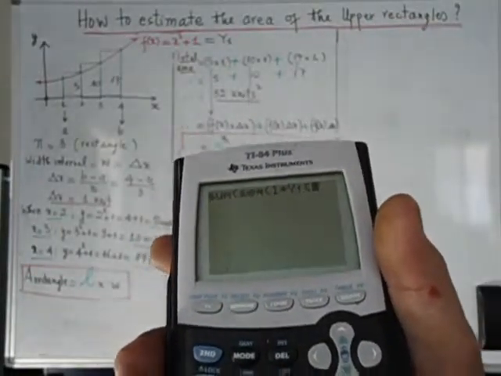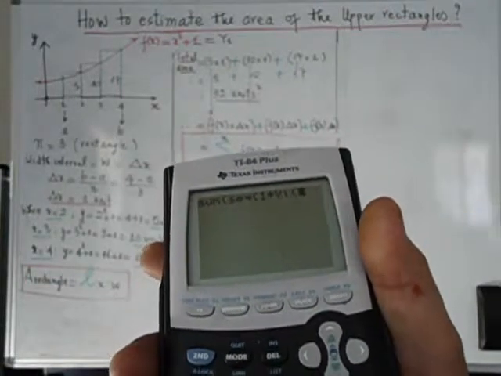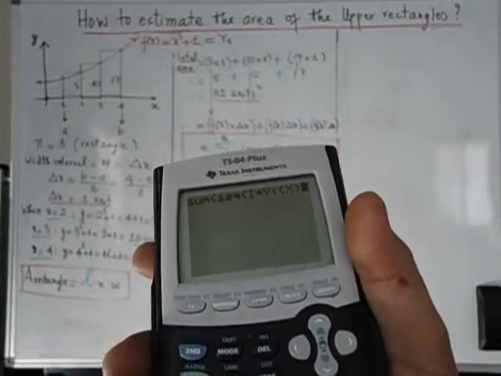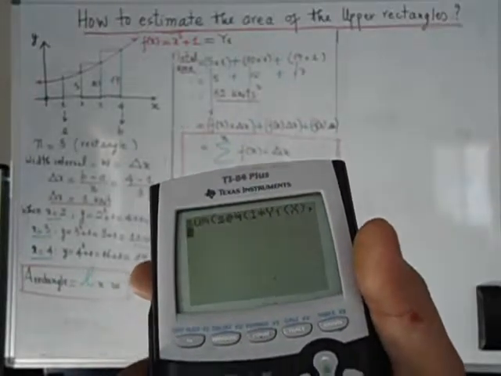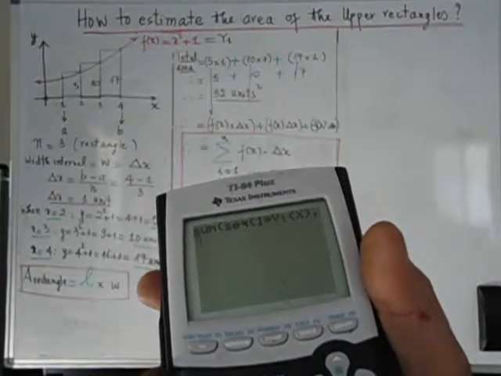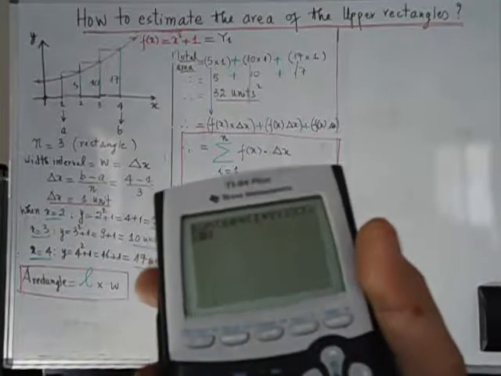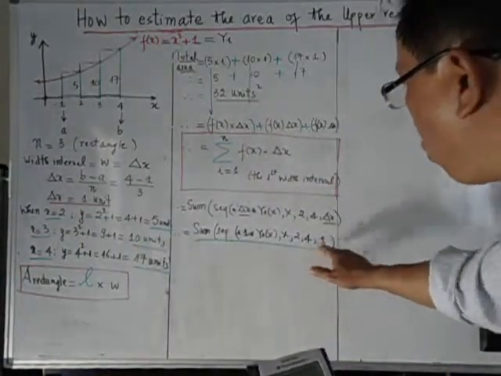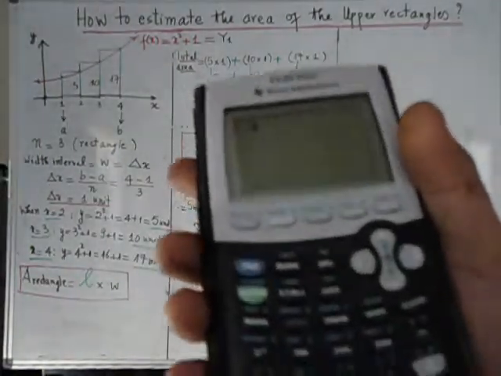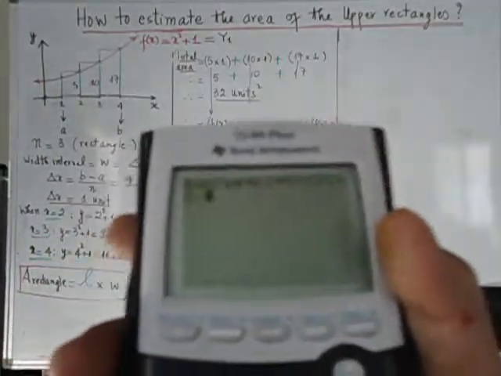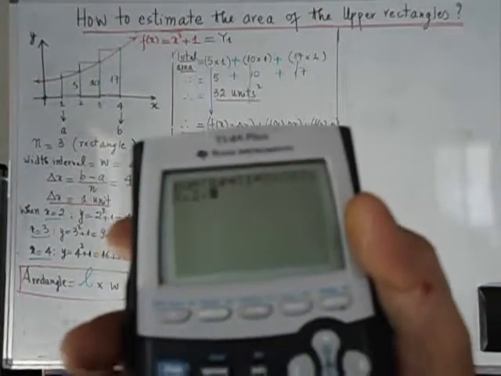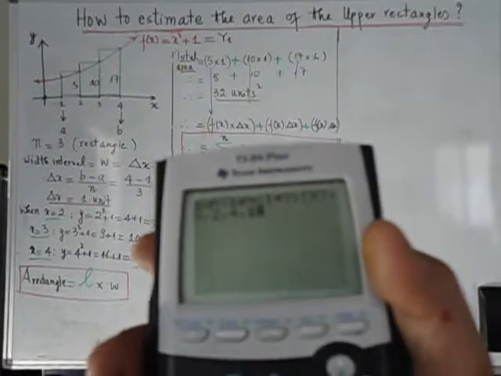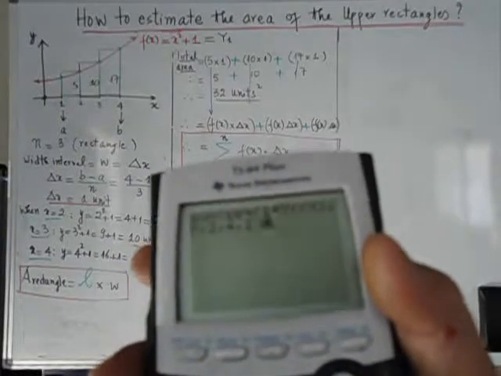Open the round bracket, we press the X variable, close round bracket, comma, then variable X again, then comma, then 2, comma, 4, comma, 1, then close round bracket.